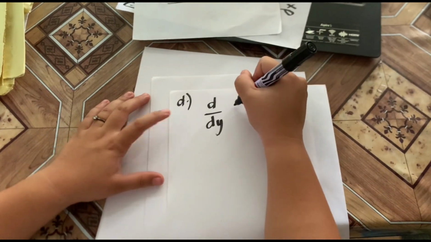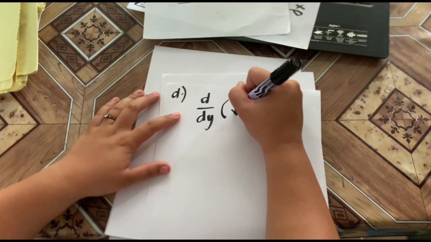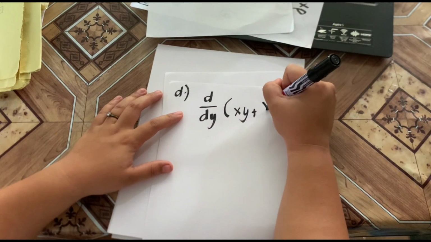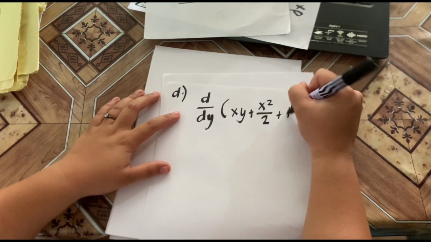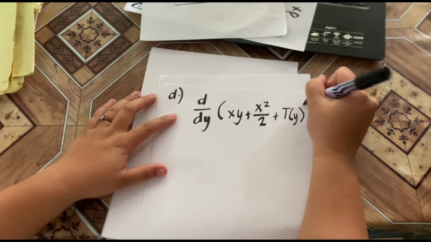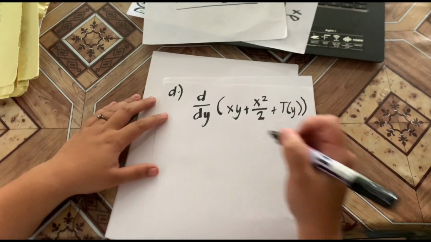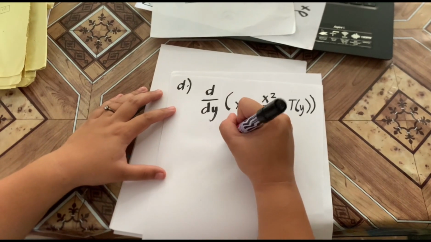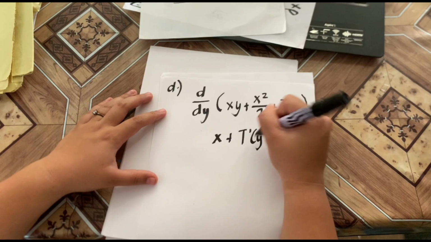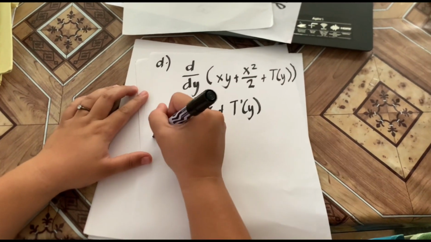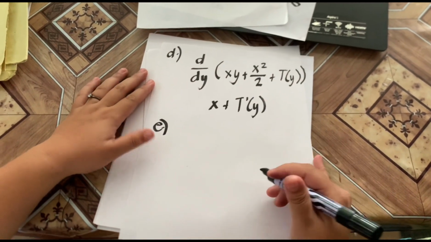So d over dy of (xy plus x squared all over 2 plus t of y). Now deriving this one, we have an answer of x plus t prime of y. Next step, we have here the fifth step.